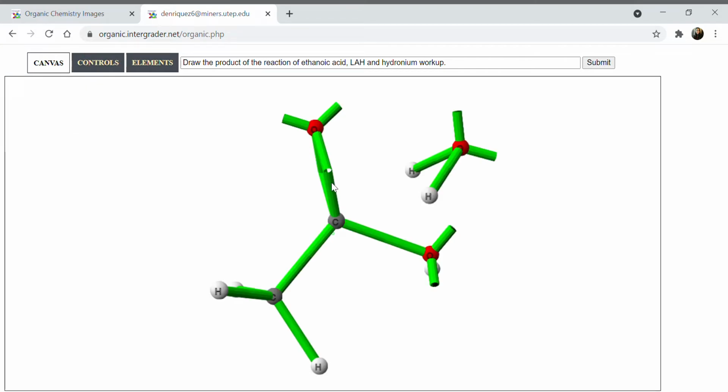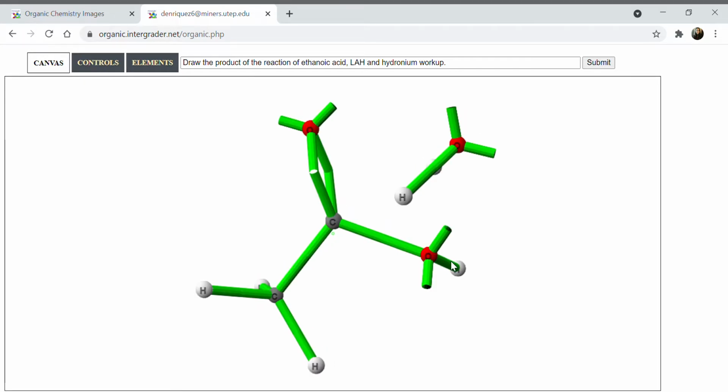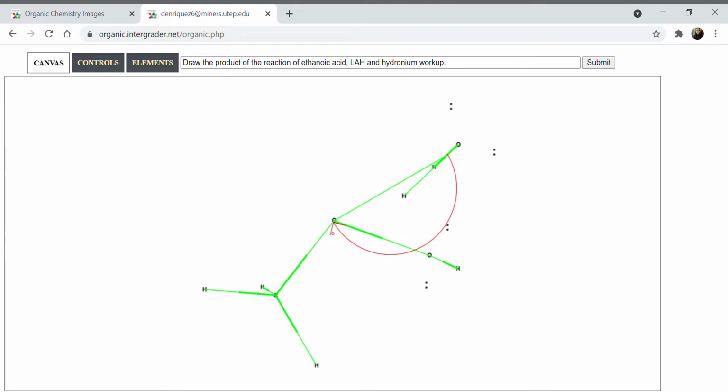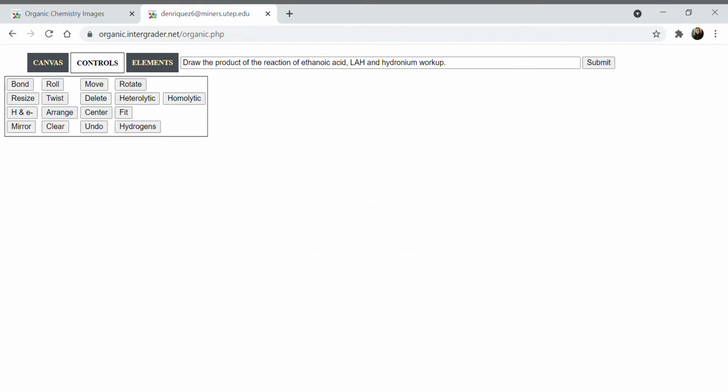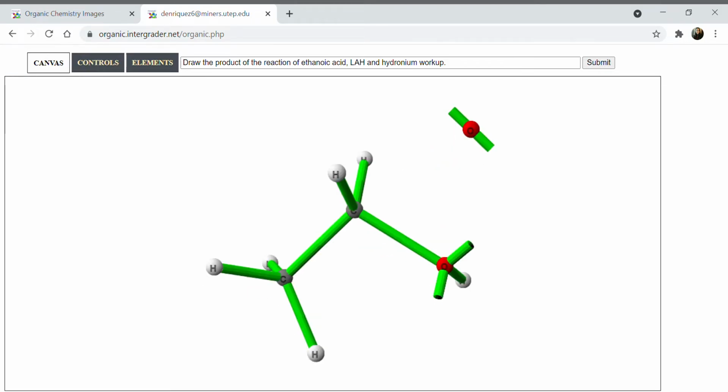So I'll go ahead and release, let's see. Well, I have an OH already, so I'll just go ahead and delete this. Use my hydrolytic function to grab these 2 hydrogens. Hit arrange. And I'm going to delete that oxygen molecule.